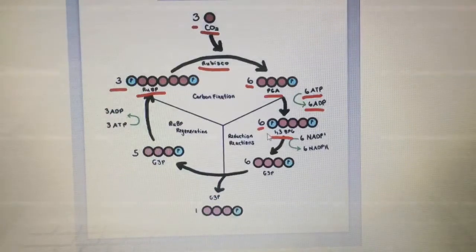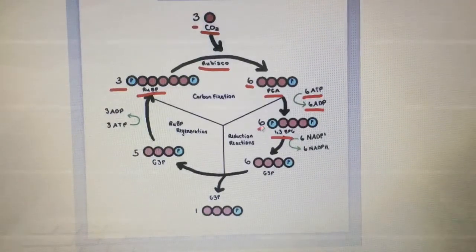To calculate the number of carbons, 1 molecule of 1,3-bisphosphoglycerate has 3 carbons, so 6 molecules will give 18 carbons. It stays the same.